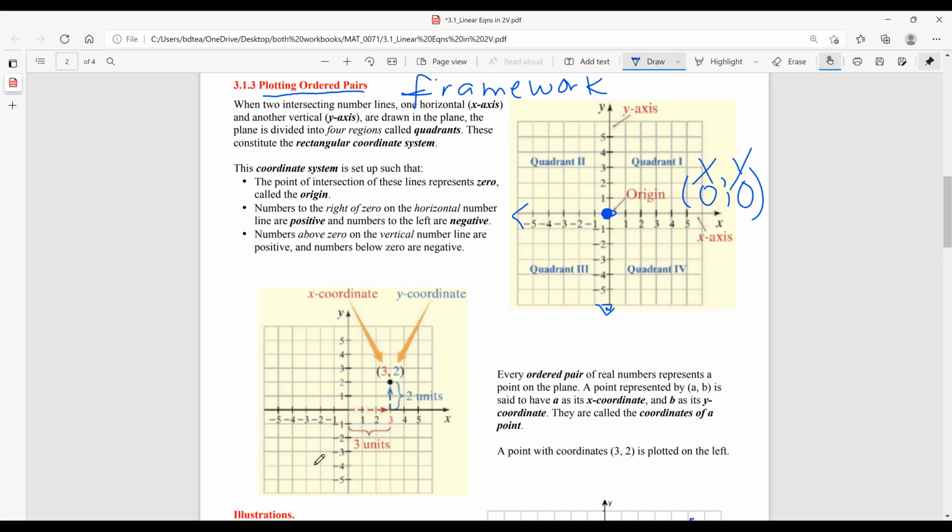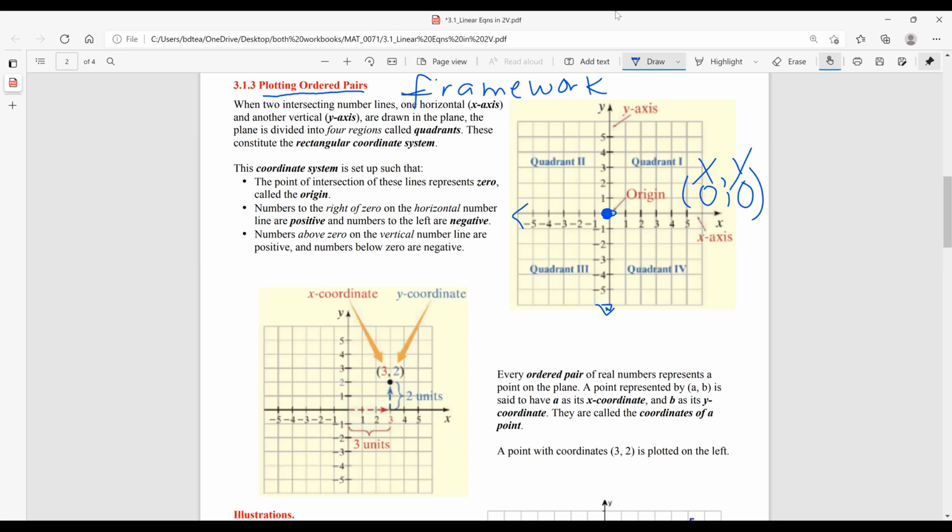So when we plot a point, it's in a plane. Each point has an ordered pair. This point right here has an ordered pair of 3, 2, because the x coordinate is 3 and the y coordinate is 2.